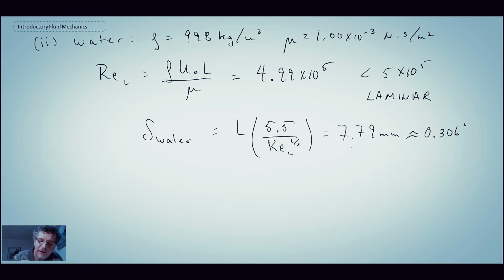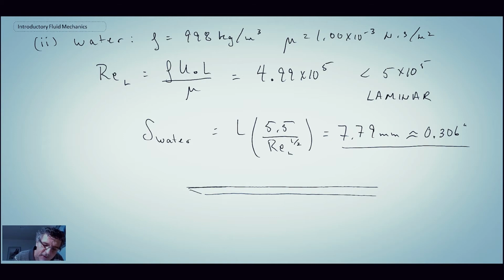This is a plate that is 1 meter long, and so it tells us that for this type of flow, the boundary layer is growing very slowly, and it is not very thick, so you have to go over a very long distance before you start seeing significant boundary layer thickness.